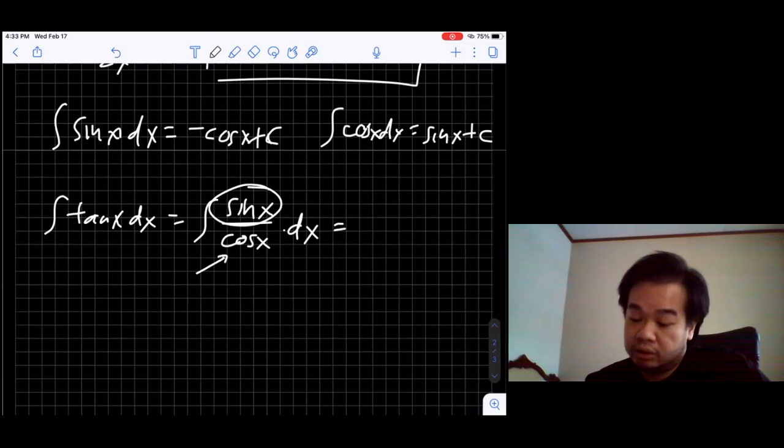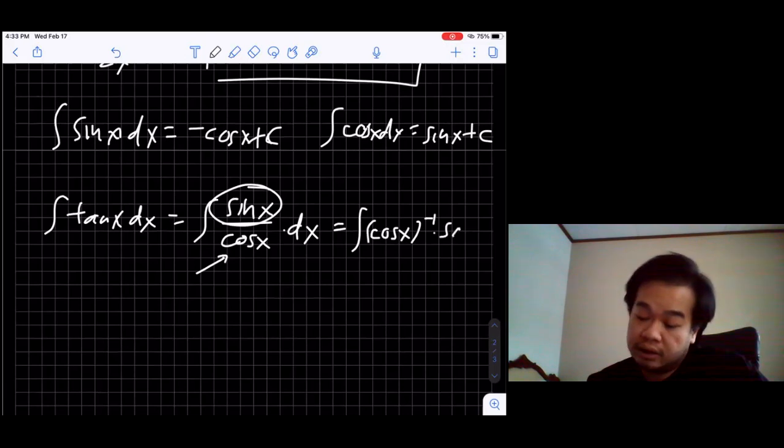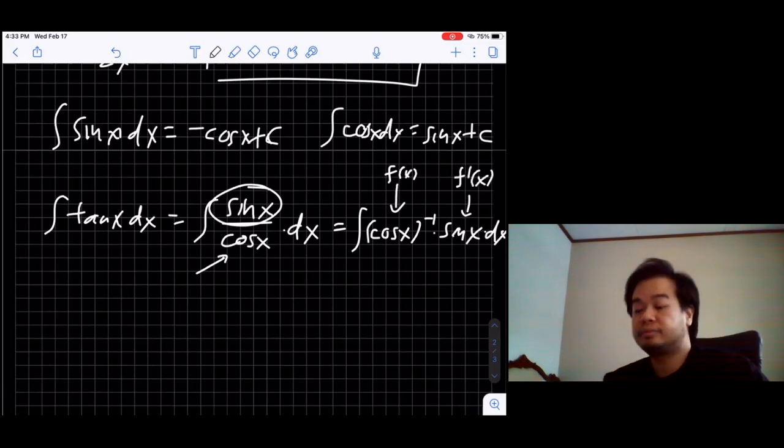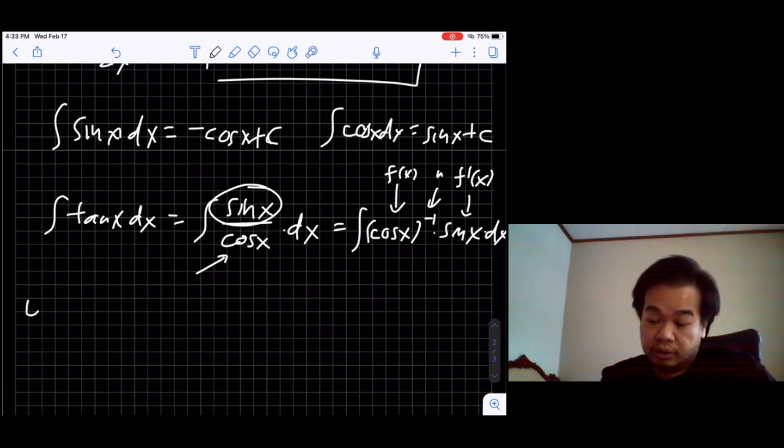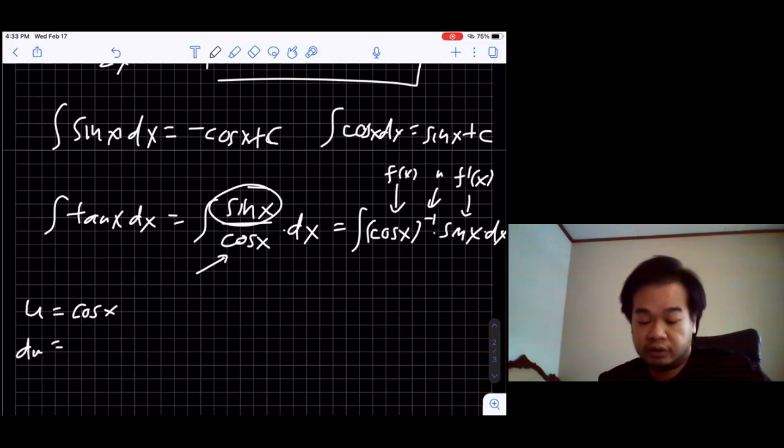So it's actually equal to integral of cos x to the power of negative 1, the reciprocal, times sine x times dx. So this will be your f(x), and this will be your f prime x. And the n is 1. Okay. So then u equals cos x, and of course du is the derivative of cos x, which is negative sine x dx.